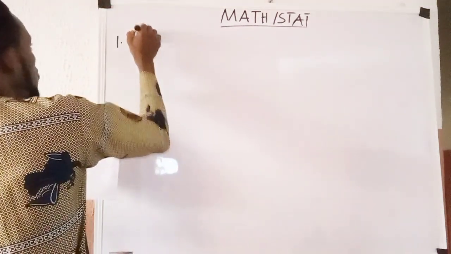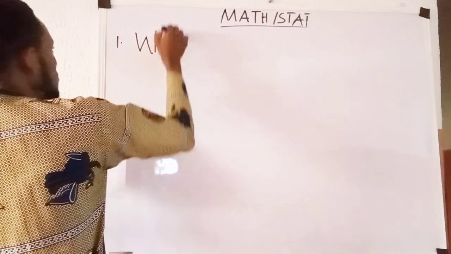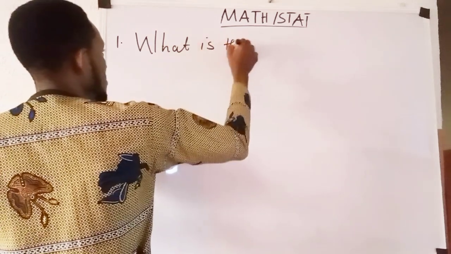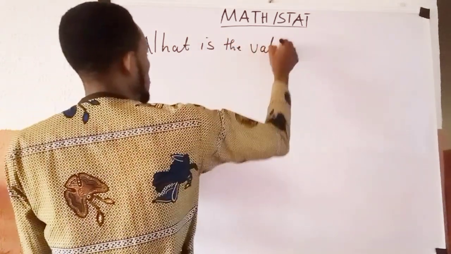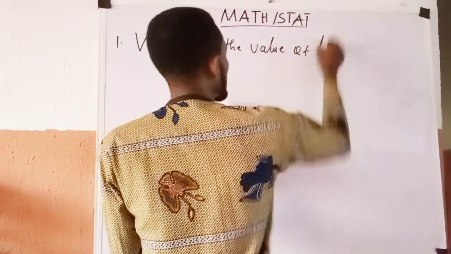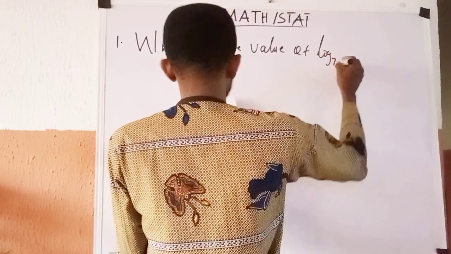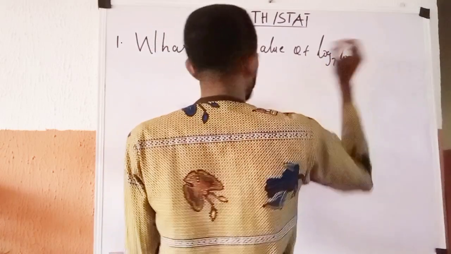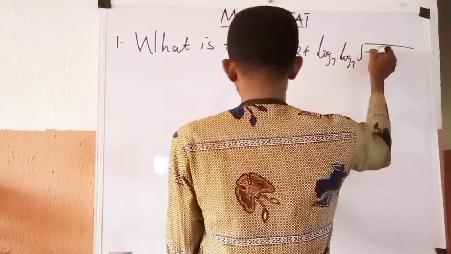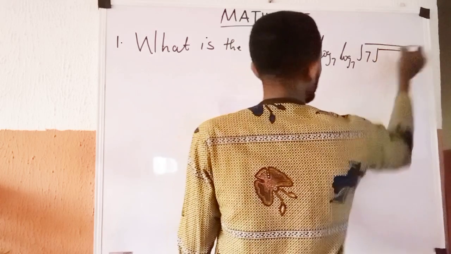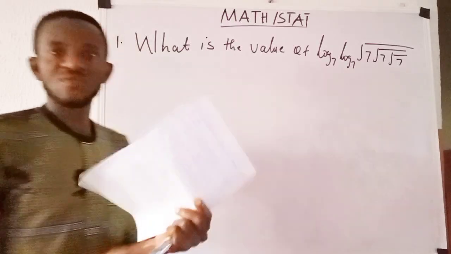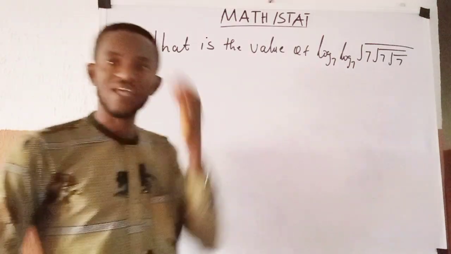It says, what is the value of log base 7 of root of 7 of root of 7 of root of 7? That is the question that they ask us to evaluate.